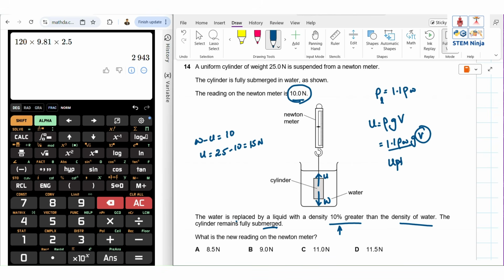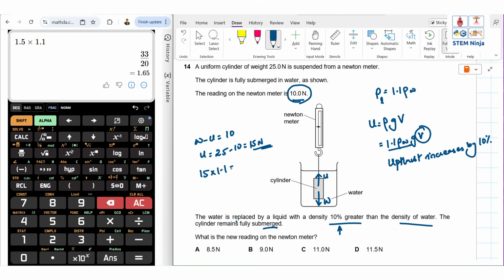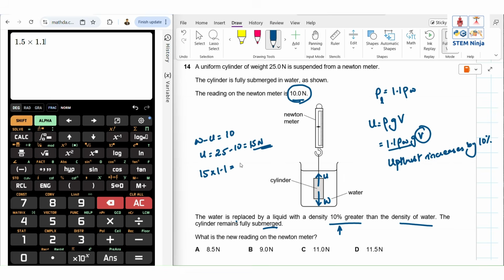So upthrust increases by 10% also. Now, if upthrust has increased 10%, this would be 15 times 1.1. So, oh, sorry, no. 15 times 1.1 is 16.5 actually.